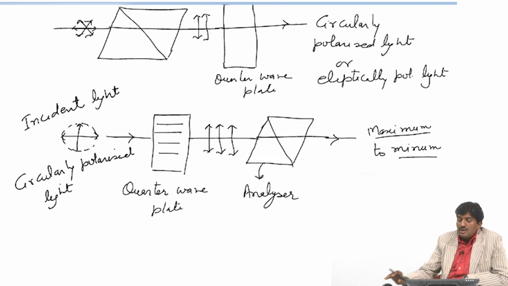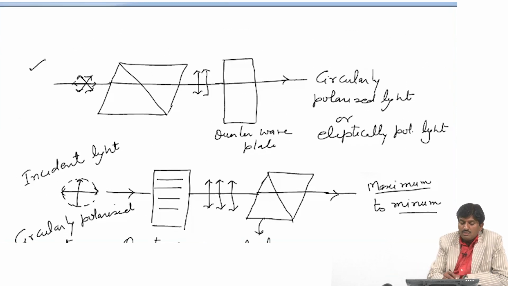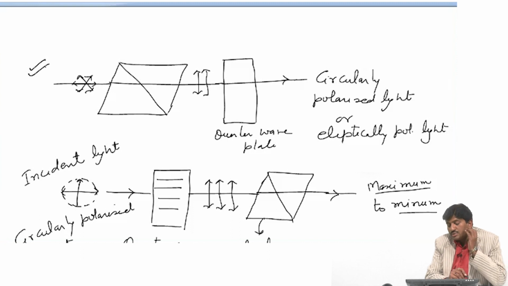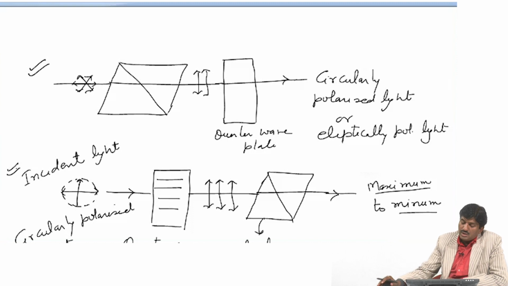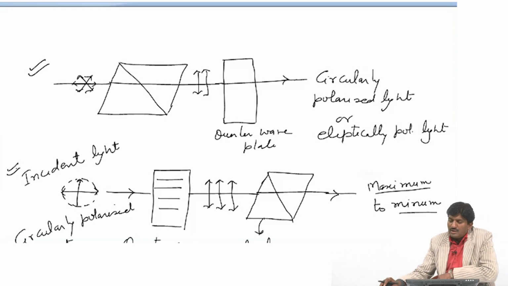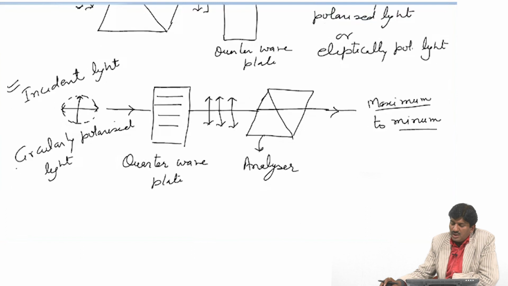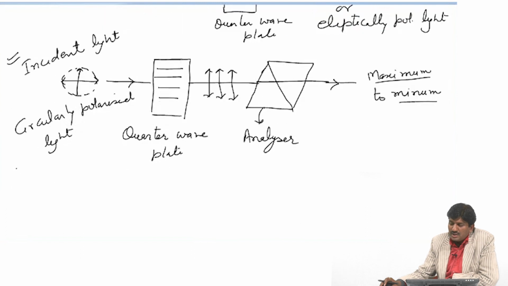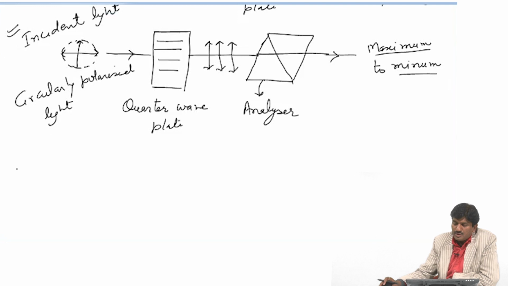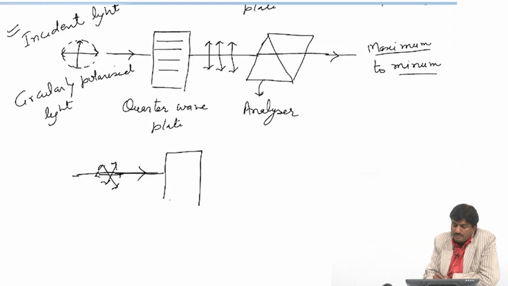Okay. In this situation, this is the production of circularly and elliptically polarized light, and this is the detection of circularly polarized light. Now, again suppose this is unpolarized light and we pass it through the quarter wave plate.